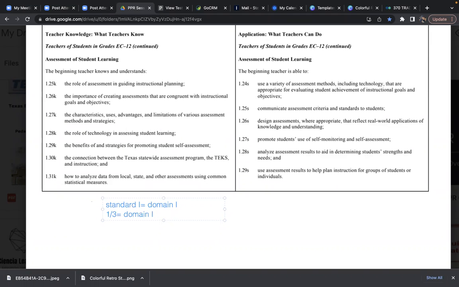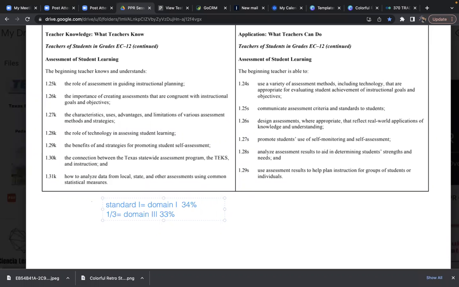Sorry, domain three. And this one is worth 34%. And this one is worth 33%.